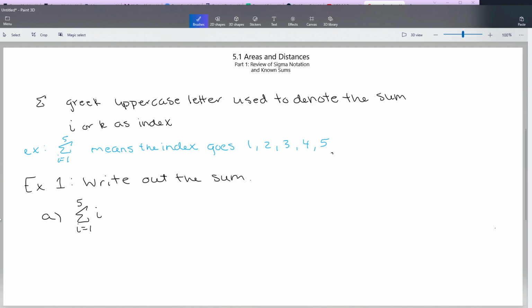Okay, so this says that we are looking at the sum from 1 to 5 of just the index itself. The index is going to start at 1, and then it goes to 2, 3, 4, and 5. And remember, sigma means that we are adding these all together.